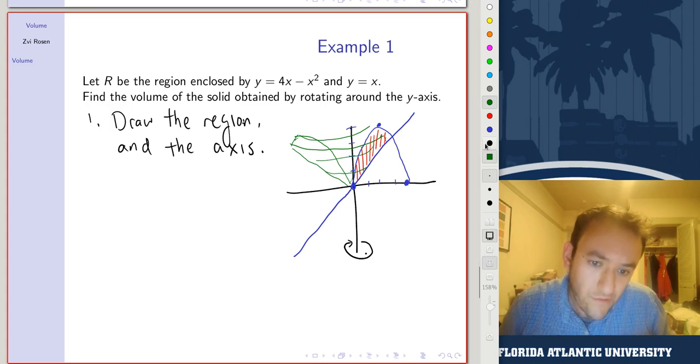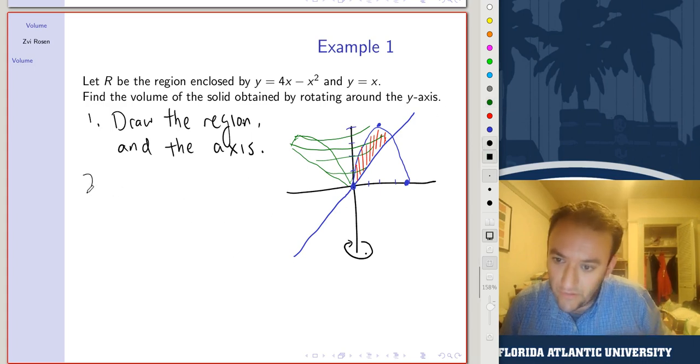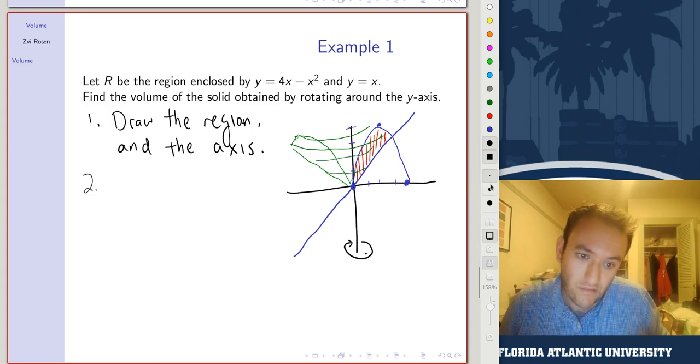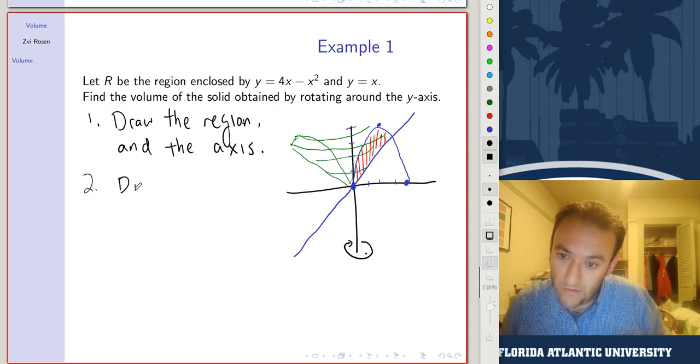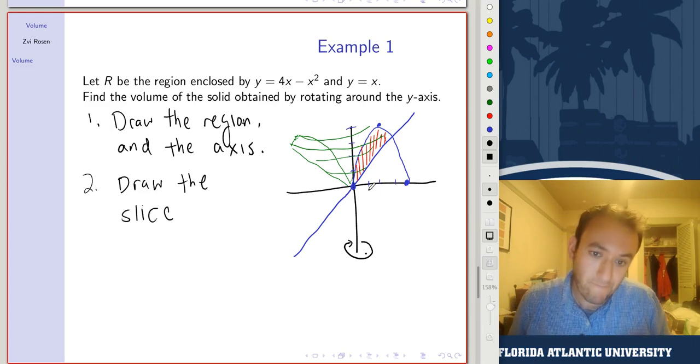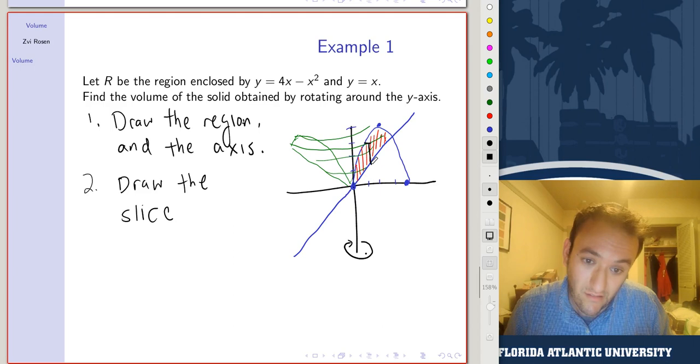Okay, so the next thing I want to do is draw the slice. We're going to be using the method of shells here, so our slice is going to be parallel to the axis of rotation.